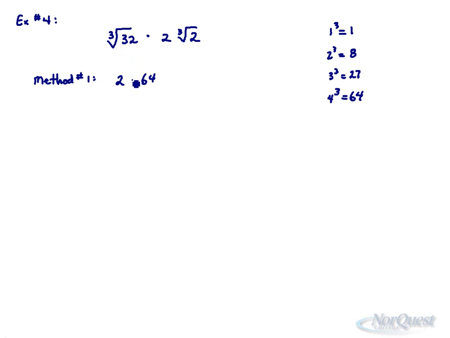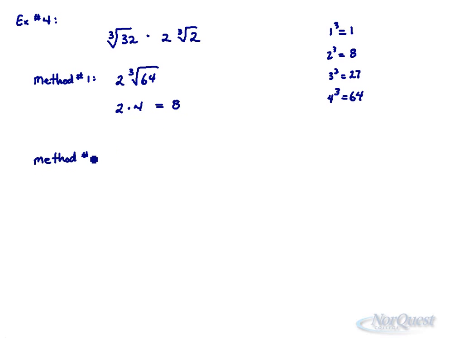The reason I saw that is after I was going to do it a different way, I saw that my next multiplication would actually give me a perfect cube. Sometimes it flukes out that way. Cube root of 64 is really going to be 4, so this turns out to be 2 times 4, which is equal to 8.